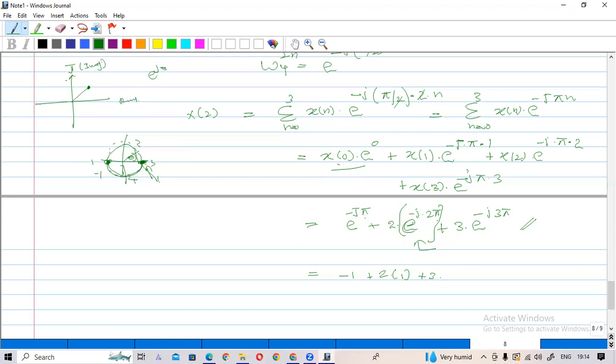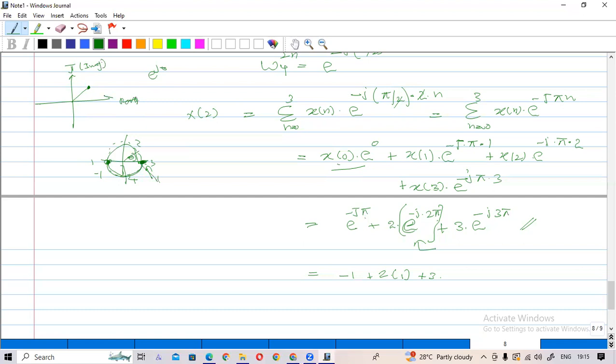This is a complex number and you can represent this number in this complex plane. You have studied the complex plane, so you have the real axis and the imaginary axis.